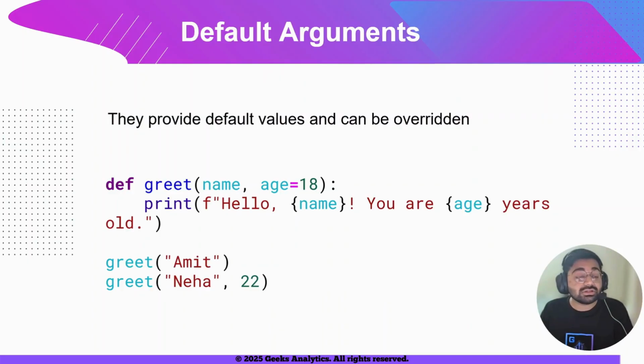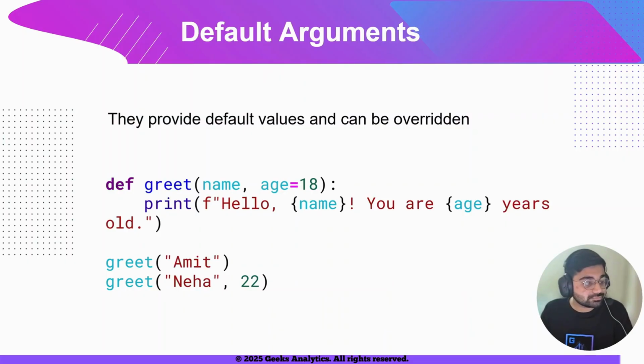One thing to note here is that default parameters shall always come after the required parameters. So if you write something like age equal to 18 and then pass comma name, that will raise an error, because default arguments shall always come after the required arguments or required parameters. So this is a few things to note down.